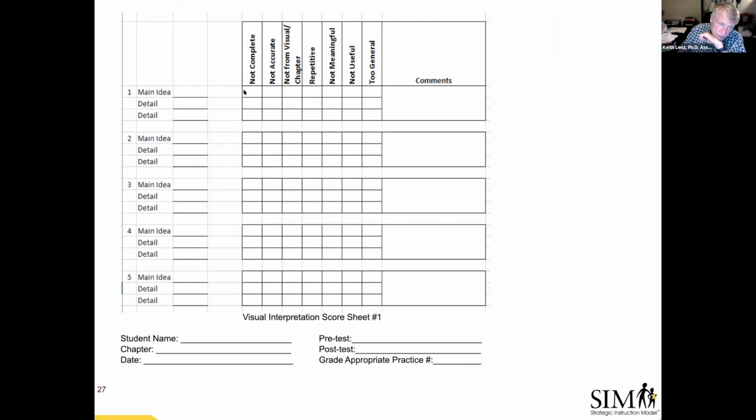They didn't give me a complete sentence. We require complete sentences in all the responses. If they got a 0 on a detail, maybe it was repetitive. They said the same detail twice. And so these are just checks so that when you sit down with a student, you can give them appropriate feedback.